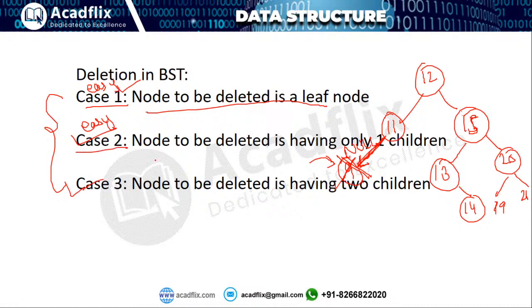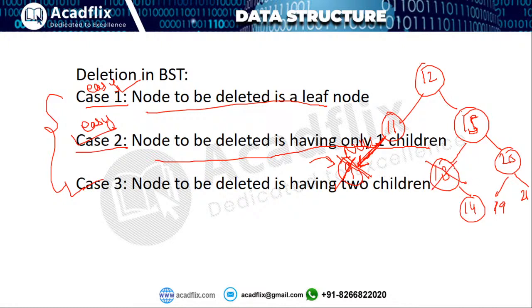So let's say that the node which was to be deleted has only 1 child. Let me take the case of this particular node 13. Now I am saying that this node has to be deleted. Then how will I delete that? I cannot straight away clear this node. Why?